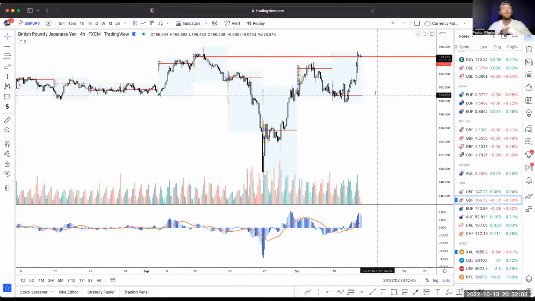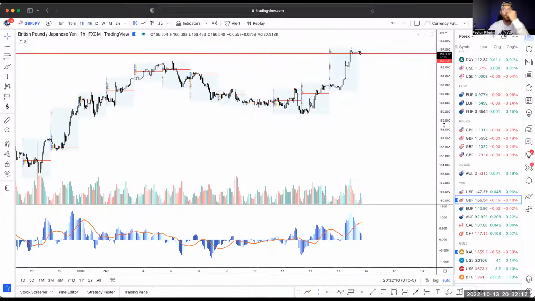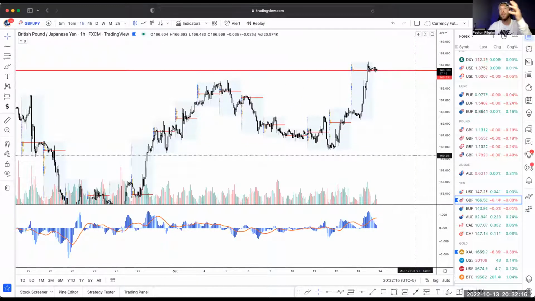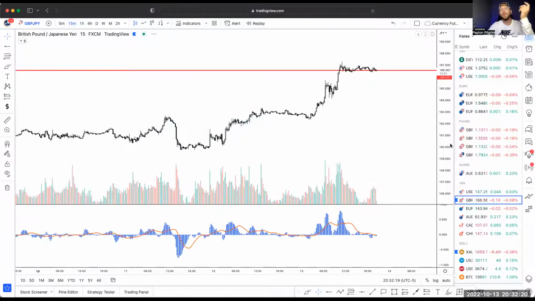How I like to play swings is, we're in a good swing zone. There's no doubt about that, right? We go down to the lower time frame. What do we see? It still looks bullish. I don't know if I want to play sells yet. We go down to the 15-minute.